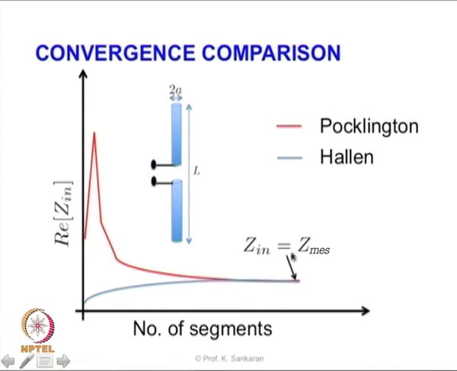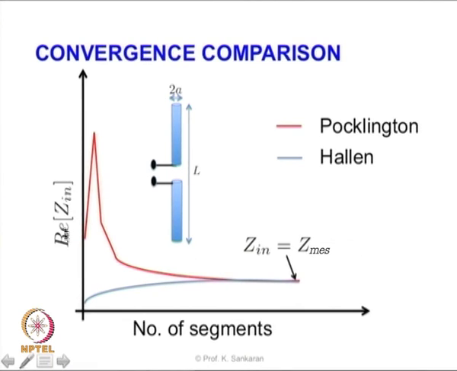Here the real part of the impedance, Zin, is calculated, and the Z calculated here can also be the one which we are measuring. So the convergence says that, as we discussed before, the Hallen formulation converges to the measured impedance value quite fast, and it also has a nice curve in terms of convergence.